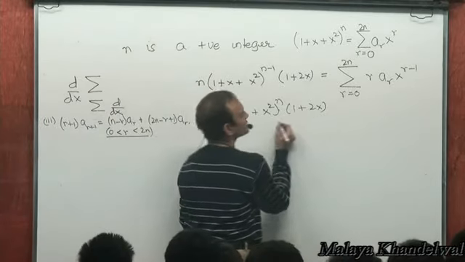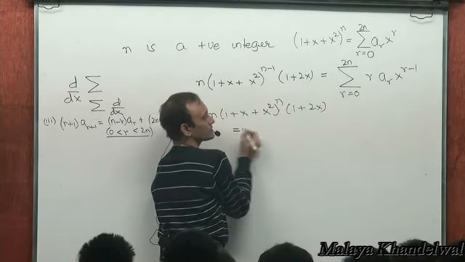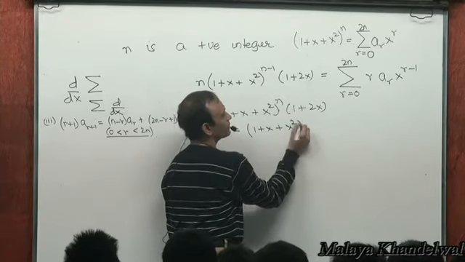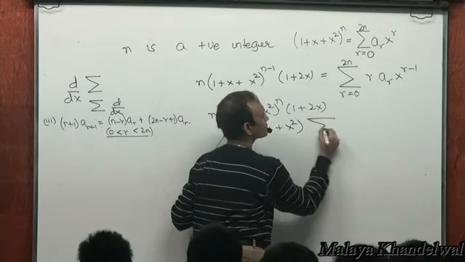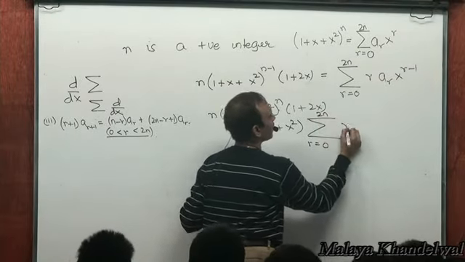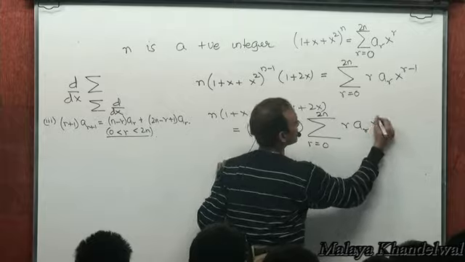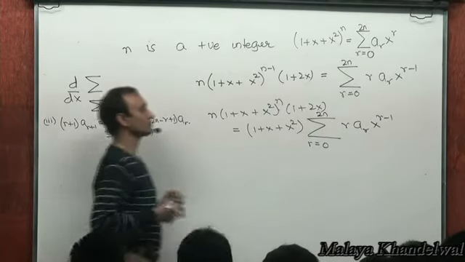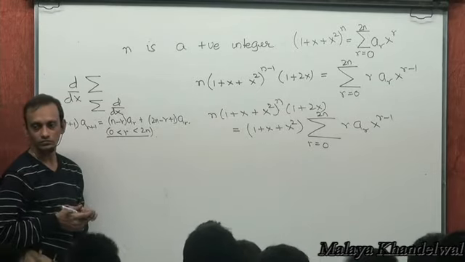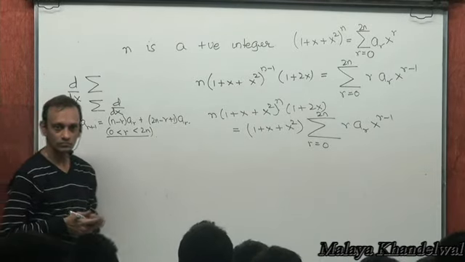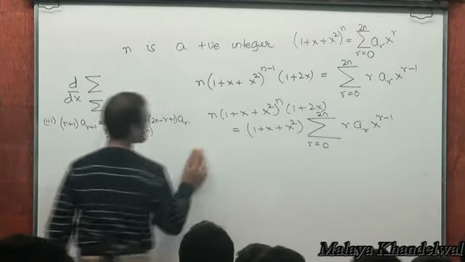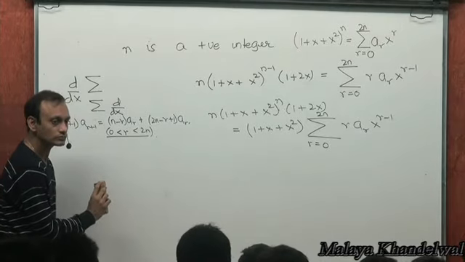And the right hand side is going to be (1 + x + x²) times summation r equal to 0 to 2n of r·a_r·x^(r-1). Yes or no? Simple now?